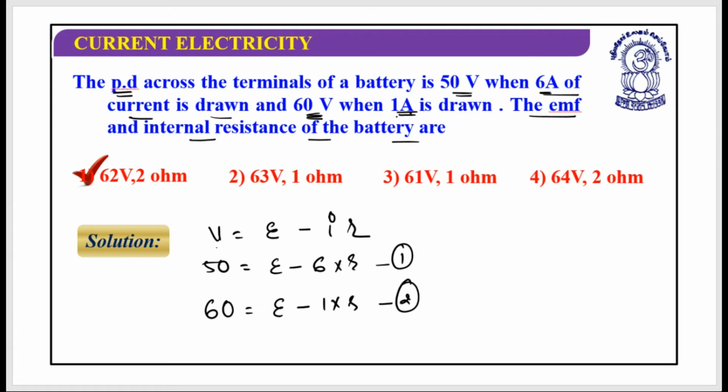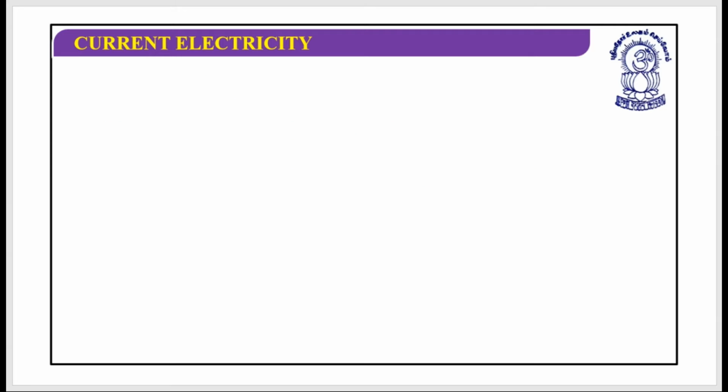So I have two relations. 50 is equal to E minus 6R and 60 is equal to E minus 1R. So let's just try to solve this. This is relation number 1, this is relation number 2.